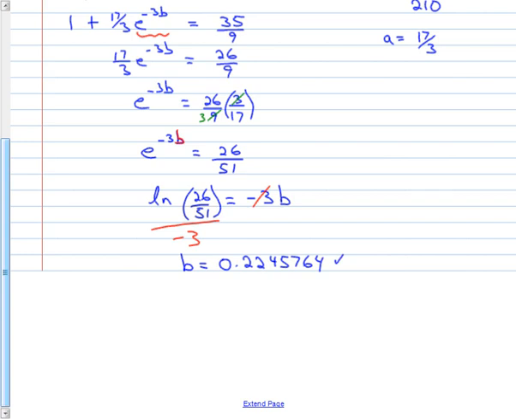Now that I have my b value, I can answer their question A, which is determine the logistics model. So let me write the answer for A right over here.